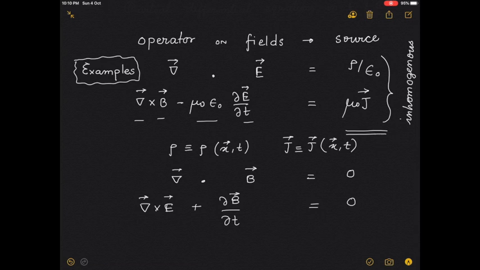You see here there is no source term. There are some operators operating on the fields in the left hand side. On the right hand side there is no source term. So these are called homogeneous equations. You will see that they actually have different mathematical structures, where in the second part of the course you'll see that these equations are fundamentally different from the first two equations, but that will come later in the course. But all the equations have this structure.